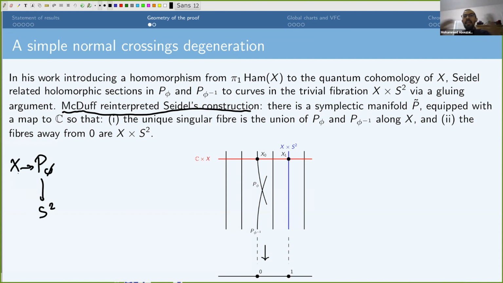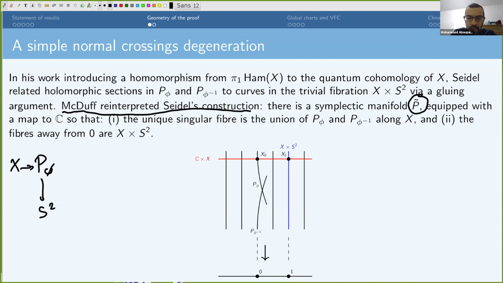This P, which maybe we'll call P_phi, but let's call it P for now, has dimension 2 higher than X. What we're going to do in this proof is introduce a manifold whose dimension is 1 higher than that of P, and that's going to be called P tilde.